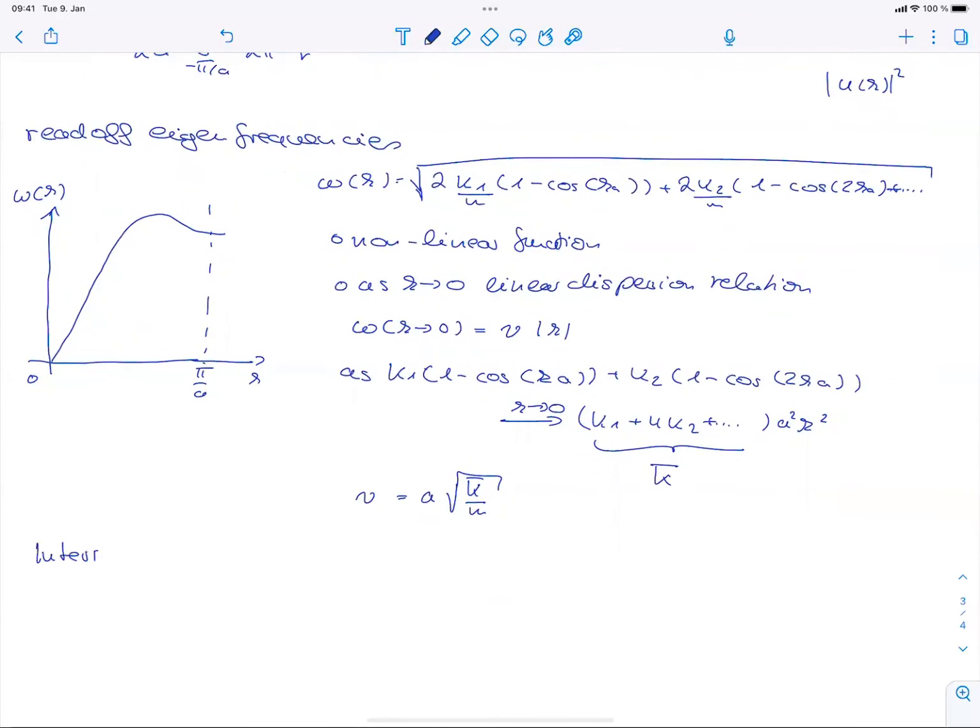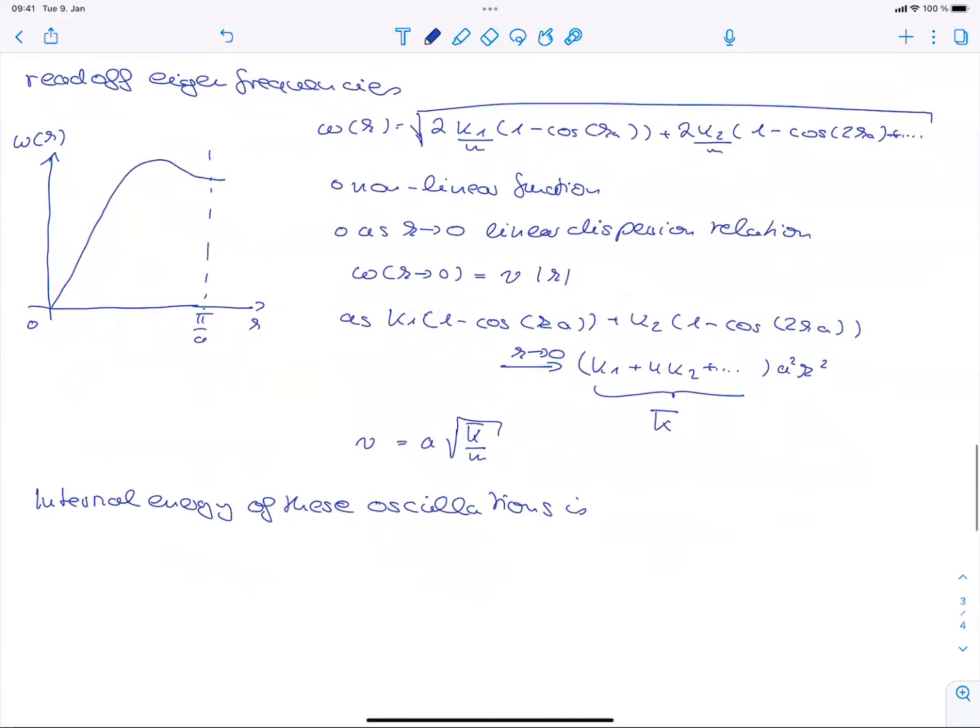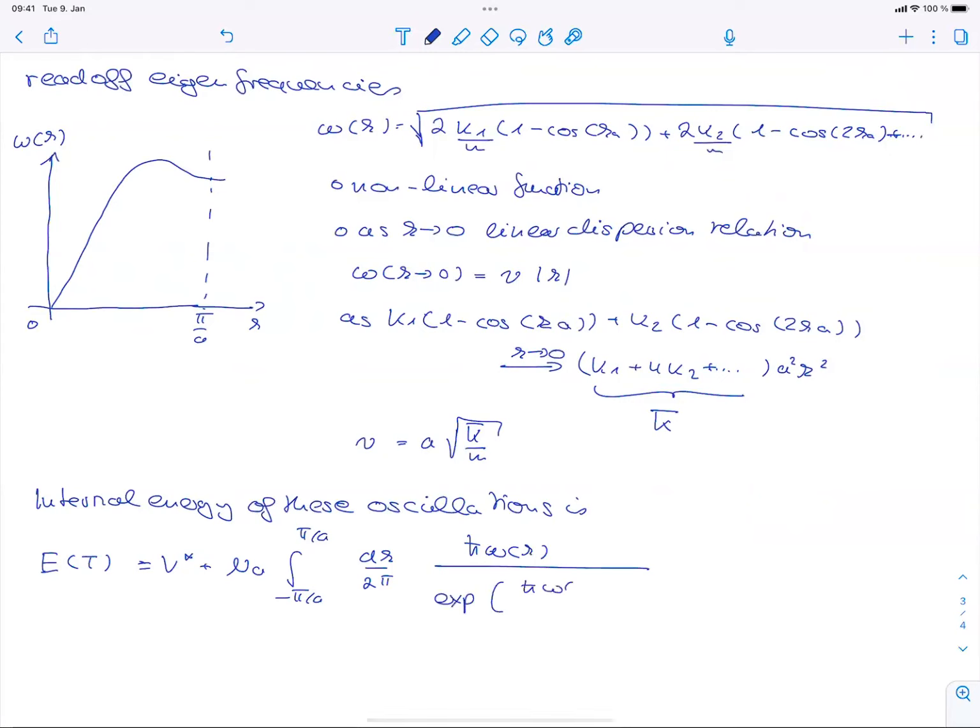So the internal energy of these oscillations is a constant plus, and now I'm enumerating with Bose statistics, and since we know the eigenfrequencies, it's h bar omega k over e to the h bar omega over kBT minus 1.